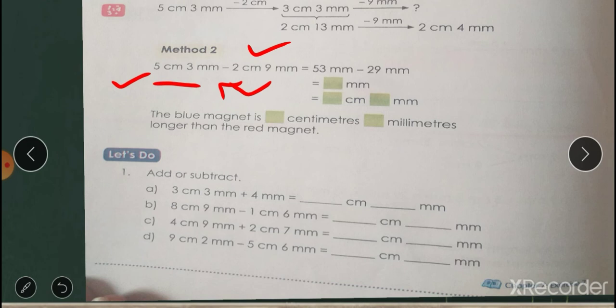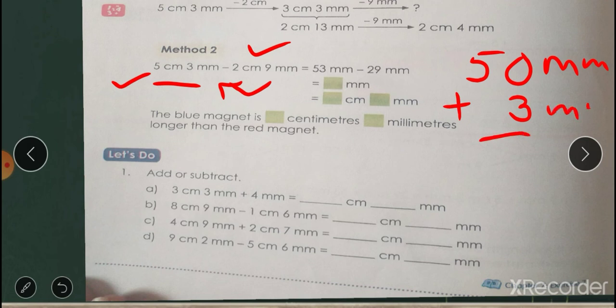As we know, 5 centimeters are equal to 50 millimeters. So we have 5 centimeter and 3 millimeters, so 50 and 3, we have 53 millimeters.